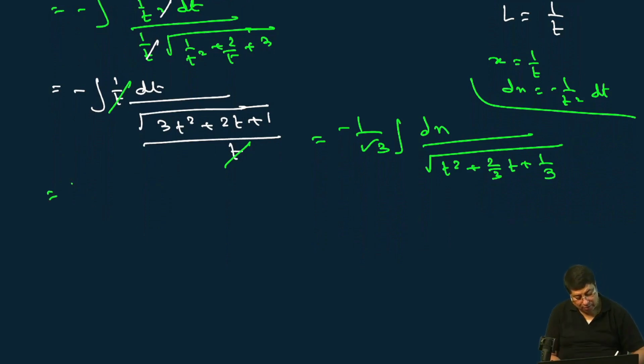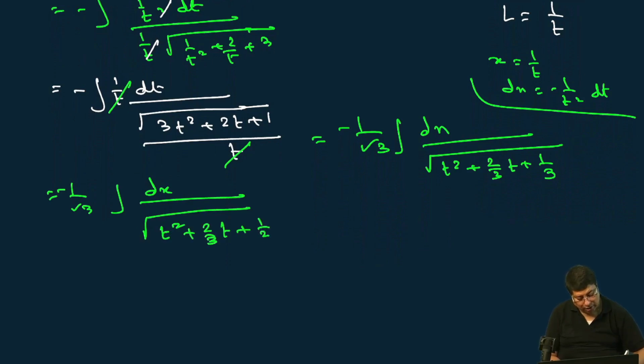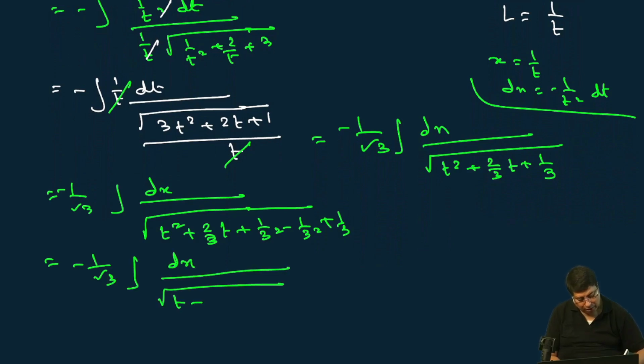Therefore, we are getting here minus 1 by root 3 and dt by root over of t square plus 2 into t into 1/3 plus 1/3 square, balanced by minus 1/3 square plus 1/3. So we are getting minus 1 by root 3 dt by root over of t plus 1/3 whole square, and this portion left over.